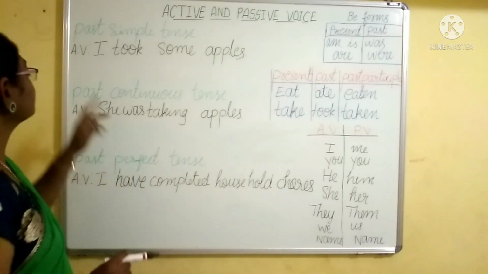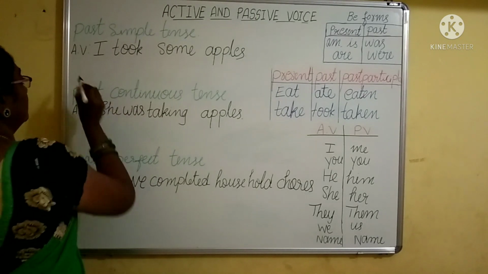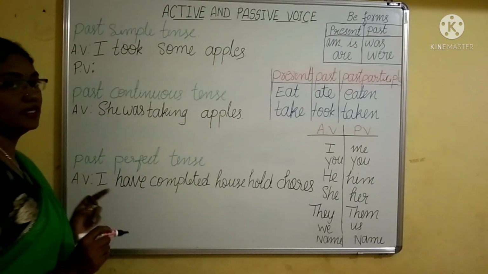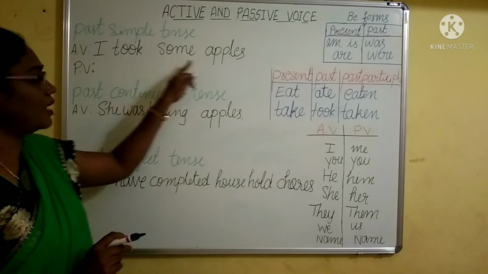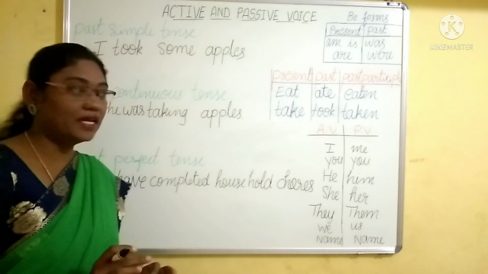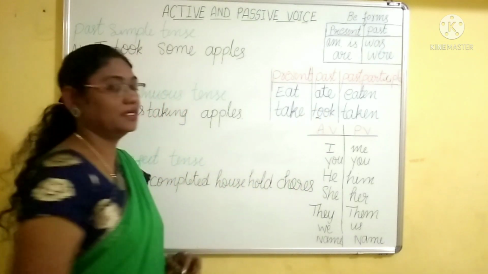The first one I have taken here is simple past tense. AV means active voice, PV means passive voice. Here: I took some apples, right? I have taken the verb of past tense.